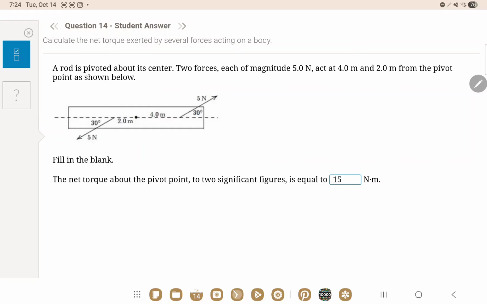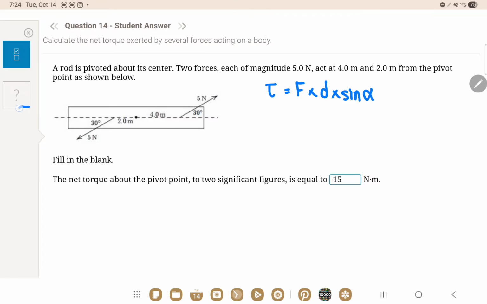Now we need to calculate the net torque on the pivot. Now you have two forces, each of a magnitude of 5. Both forces have the same magnitude, but they act at different distances. So I told you that the formula for the torque, tau, by the way, a Greek letter that represents torque, equals force times distance from the pivot times sine of alpha or theta, whatever.